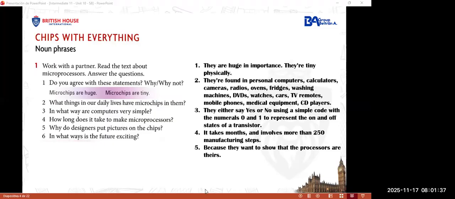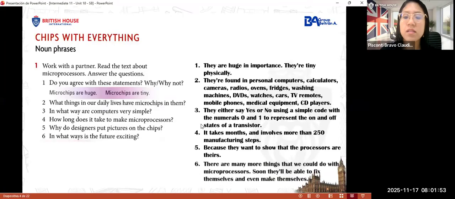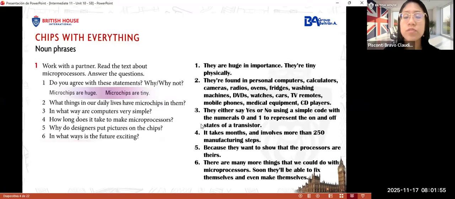And at the end it mentioned the future hasn't happened yet, but there are still countless more things we could do with microprocessors. Yes, very well. There are many more things that are going to be possible with this. Okay, excellent.